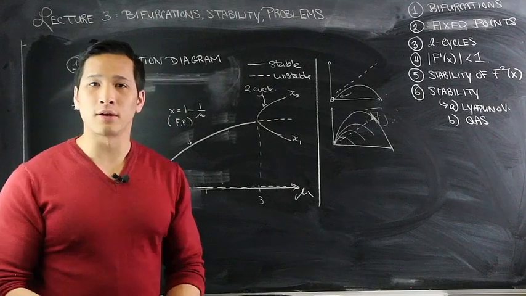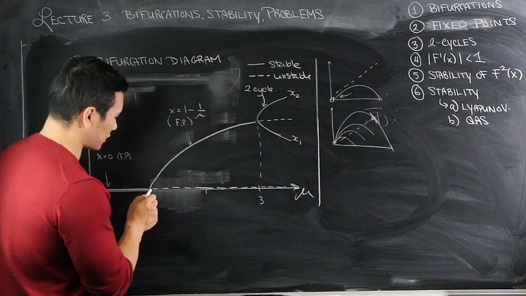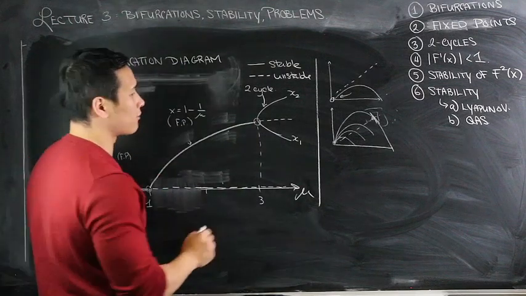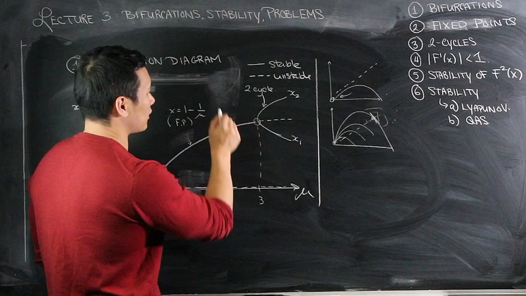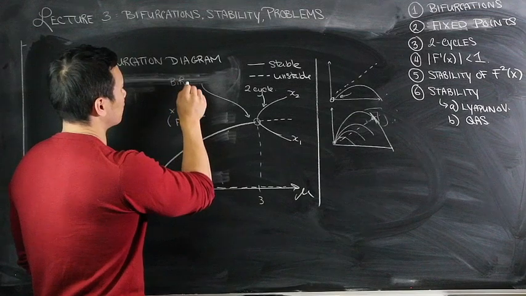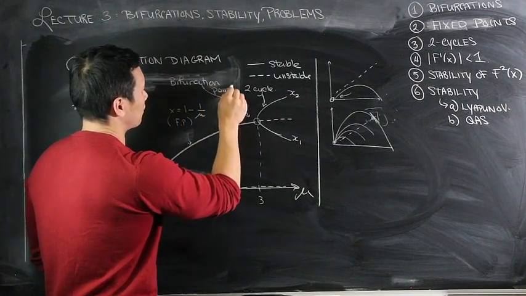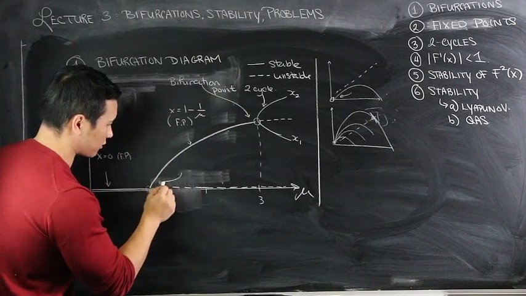The second thing is that these transitions here, these special intersections, are called bifurcation points. This is called the bifurcation point. And this is called the bifurcation point as well.